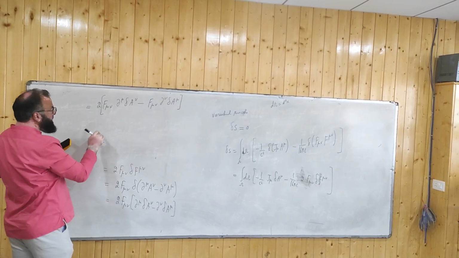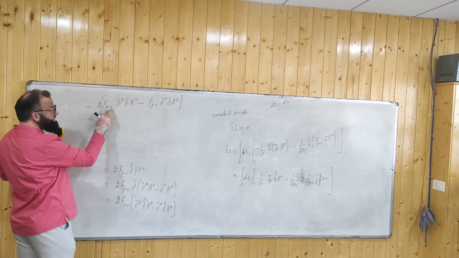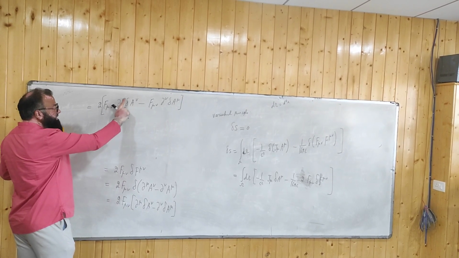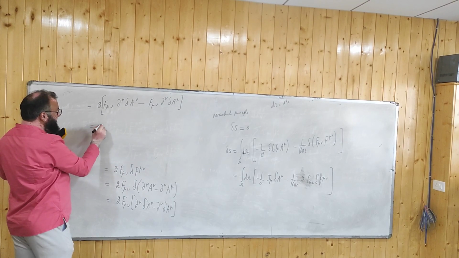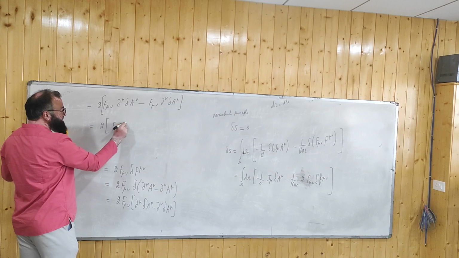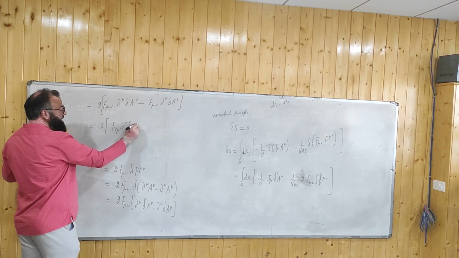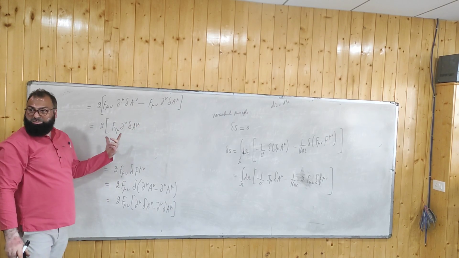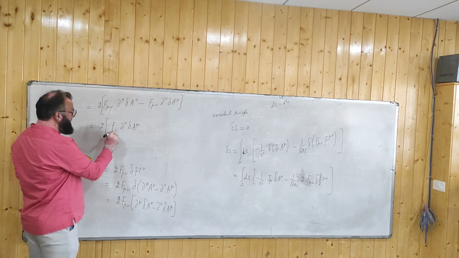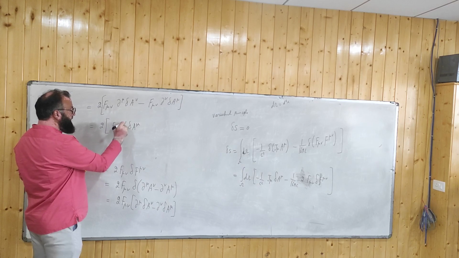Clear? Now what can I do, can I interchange the 2 indices here? Since mu is a dummy index, can I do it this way, f nu mu, and do the same thing here? Is there any problem? I am just replacing. Let's say alpha beta.